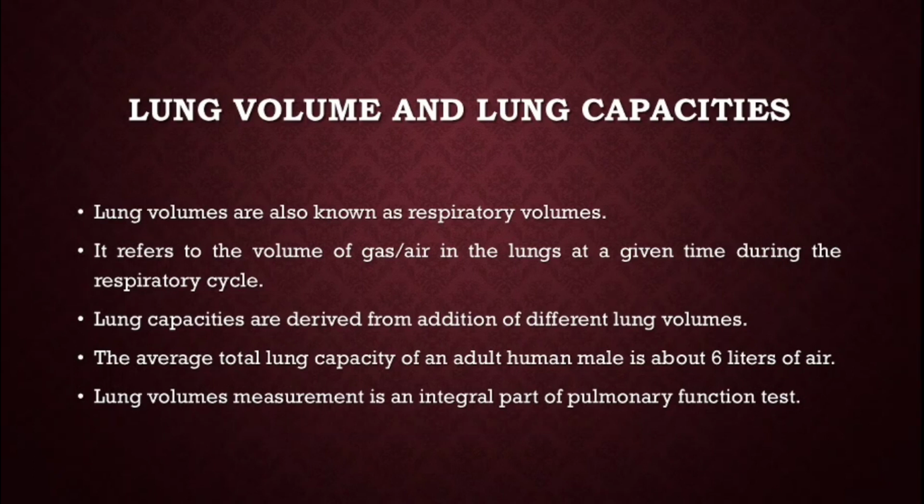However, if you take two or more lung volumes and you add them together, you get the capacities, that is known as the lung capacities. So basically lung capacities are the volumes of the lungs that are added up together, and the total lung capacity of the adult human male is about 6 liters of air.